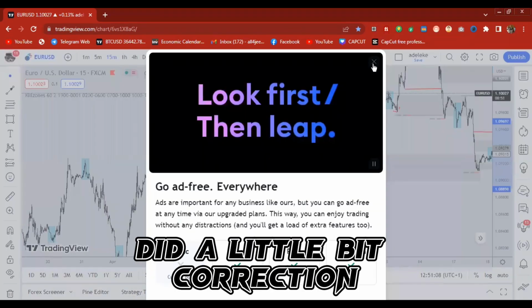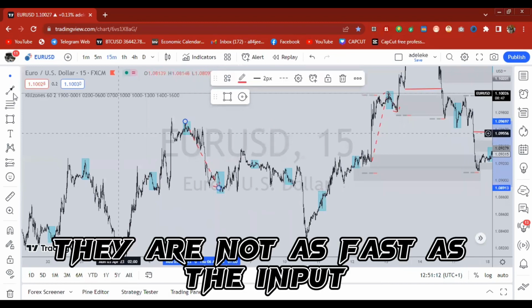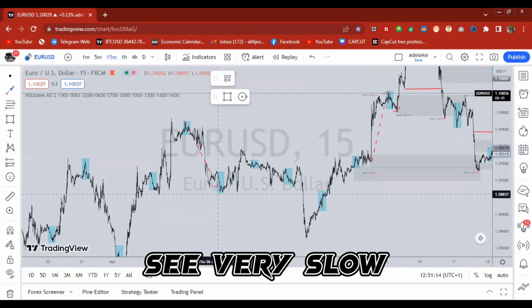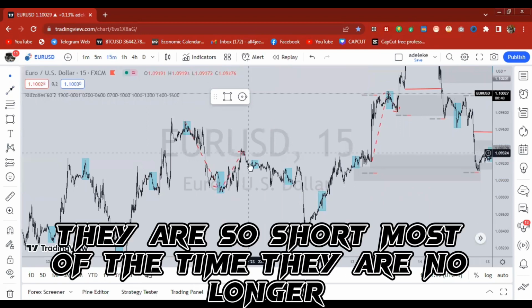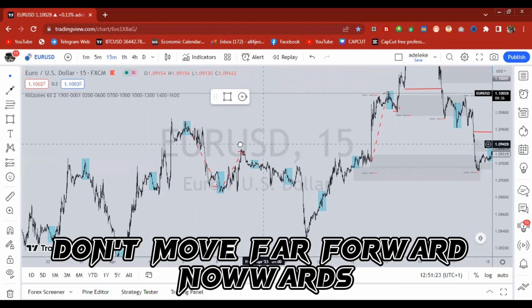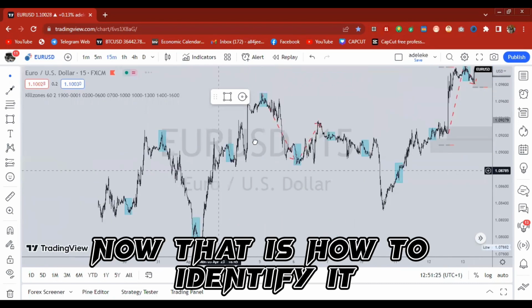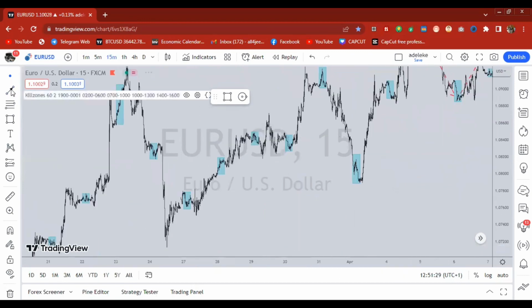It did a little bit of correction. You see, the corrections are always slow. They are not as fast as the impulse. See, very slow, and they are also short most of the time. They don't move far. So that's how to identify it.